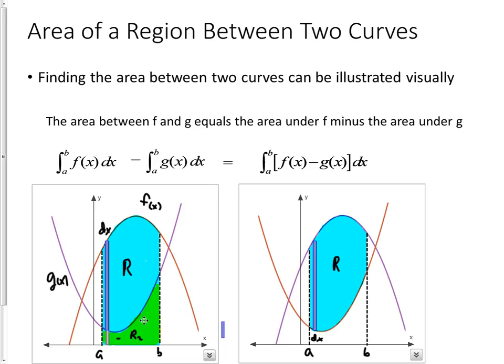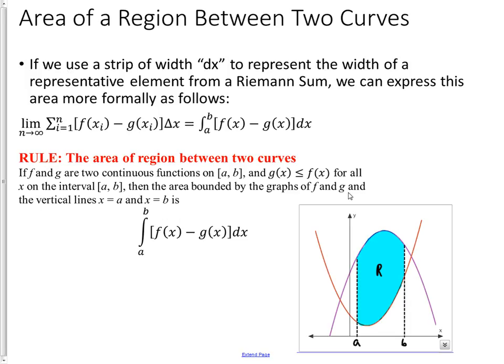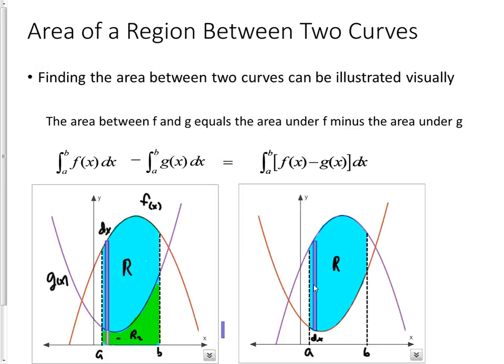So we just think of this as an accumulation of all of these, and we're going to have ourselves an area between the curve f of x and the lower curve g of x by taking away the area under g of x. More formally, we think of this strip of width dx representing all of those curves right here.